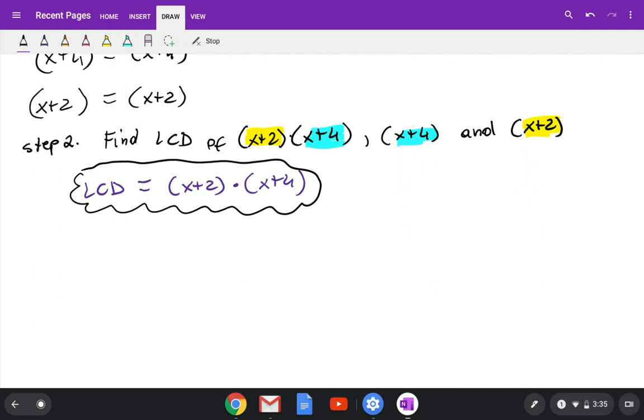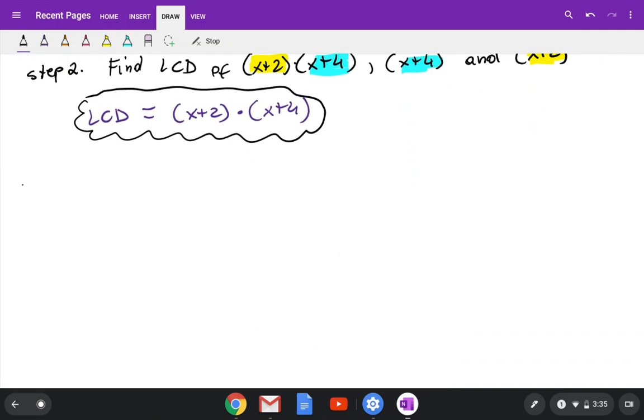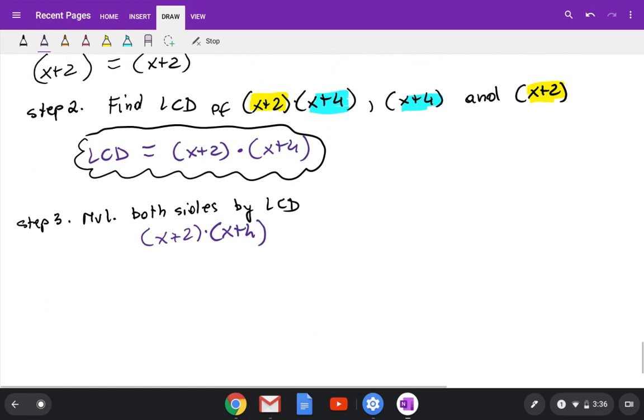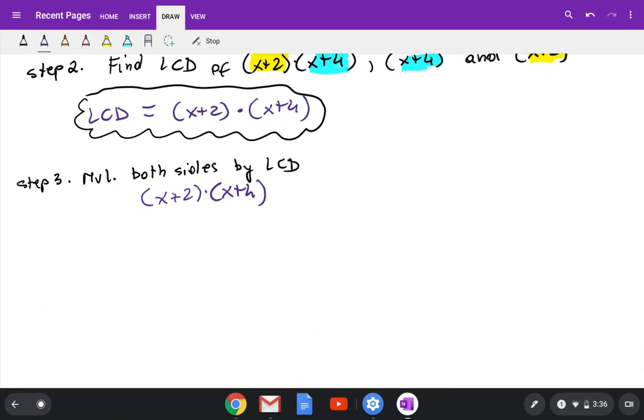Step 3 is multiply both sides by the LCD. So we multiply both sides, in our case, by x plus 2 times x plus 4. So we have to go back to our original problem. Okay, I'm going to multiply the left side by x plus 2 times x plus 4.